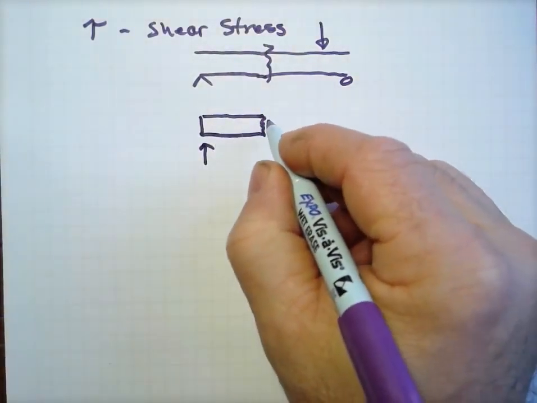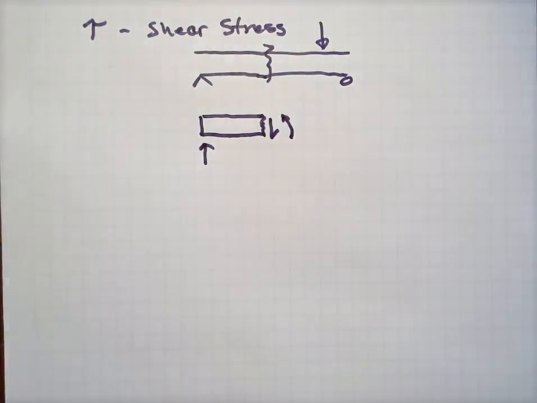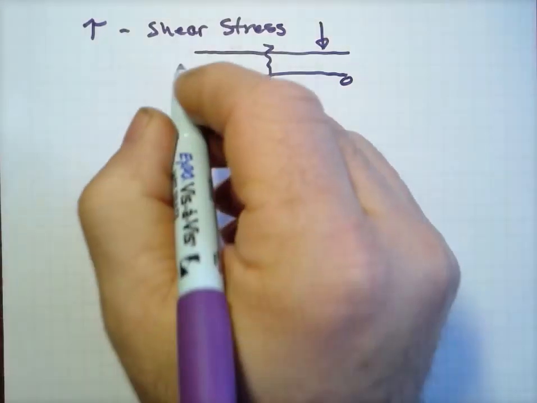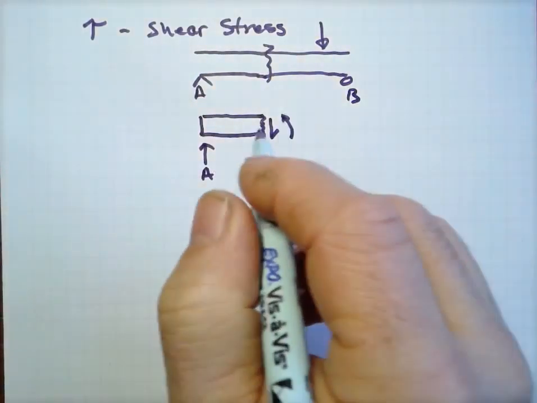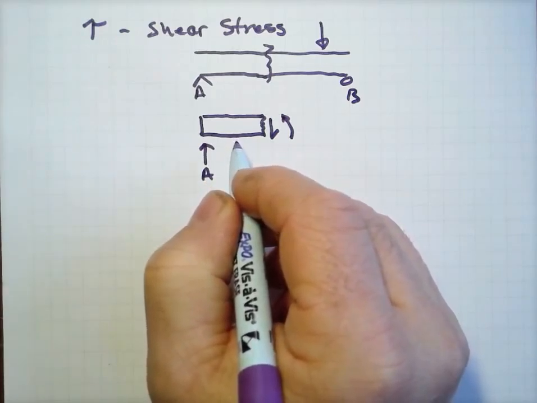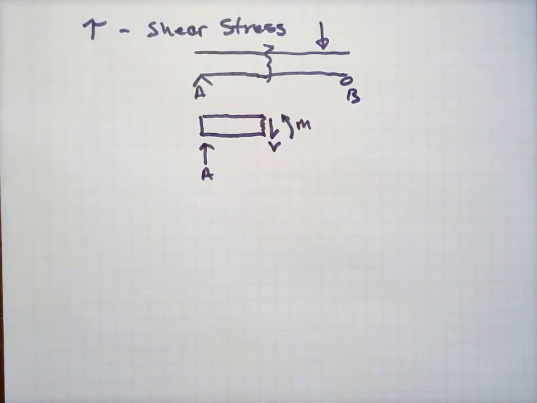If we did the free body diagram here, we'd be able to solve for A, B, A, and then if we used our equations of equilibrium here, we could solve for V and M.